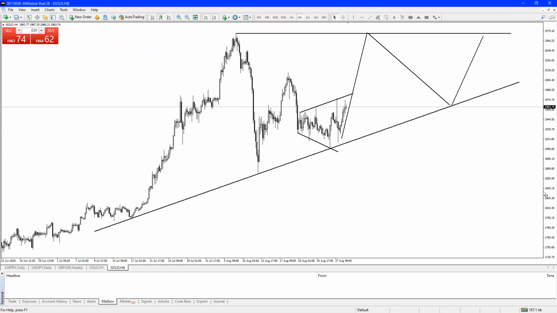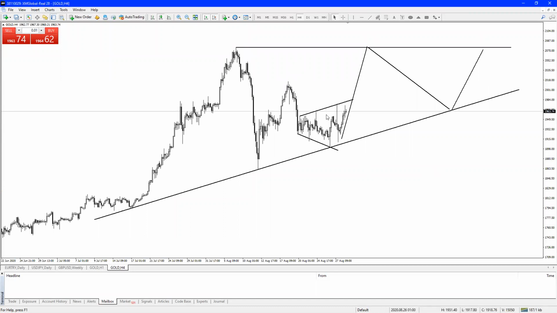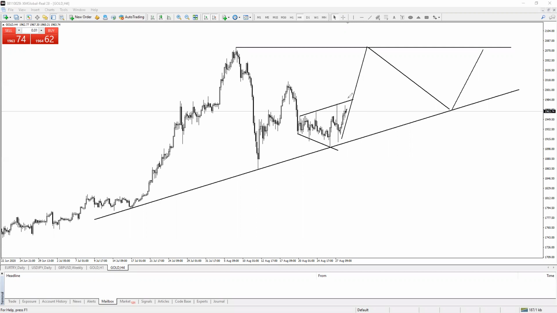With the power of ICT techniques, I'm very confident that if price breaks out of this inverted wedge, yes, we have to buy. The distance from here to here is almost the same as the distance from here to here. There are one or two hidden factors, so I'll not be so certain.